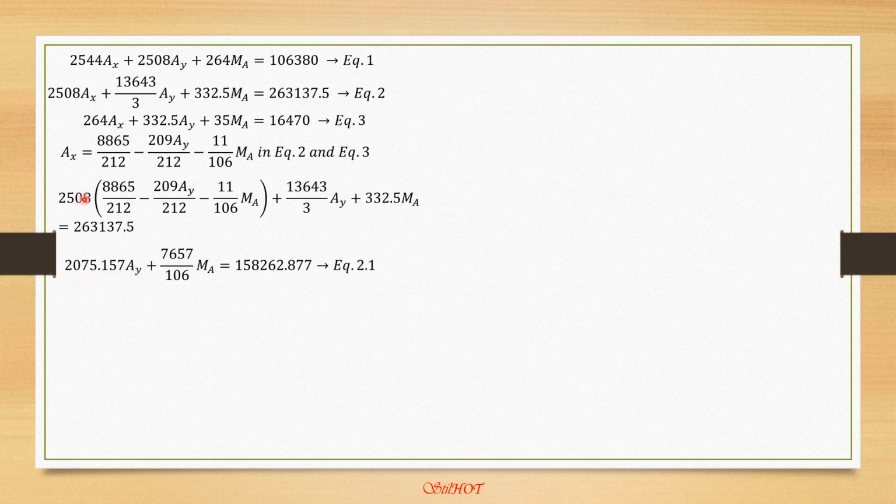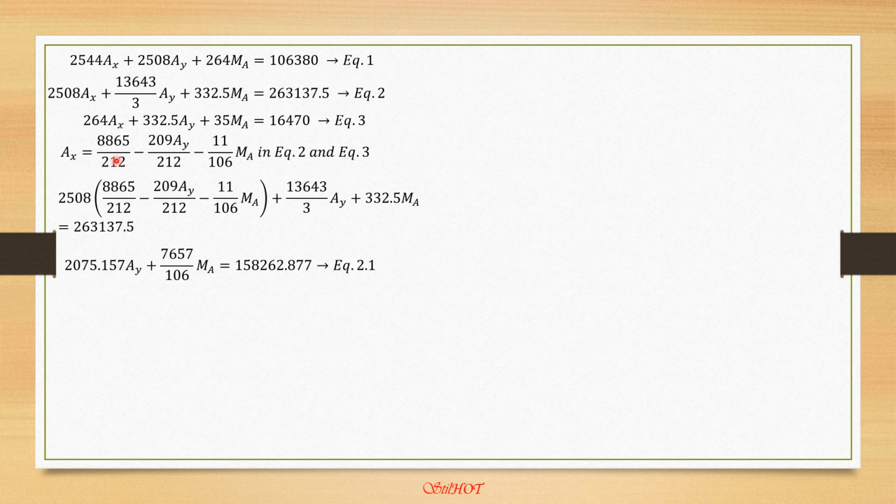Then 2508 times negative 11 over 106 MA plus 332.5 MA is 7657 over 106 MA. Then 263,137.5 minus 2508 times 8865 over 212, that would be 158,262.877. Let's call that equation 2.1.